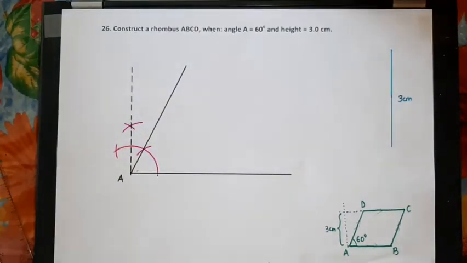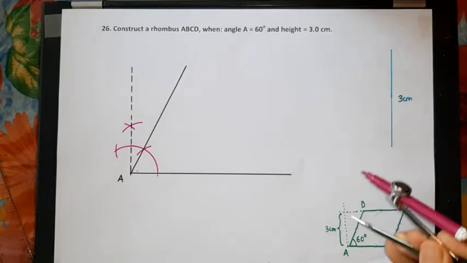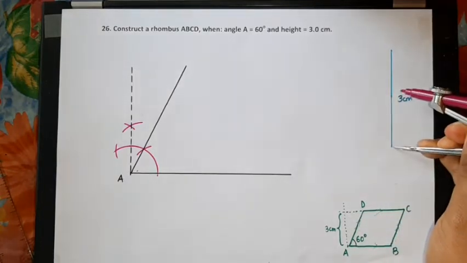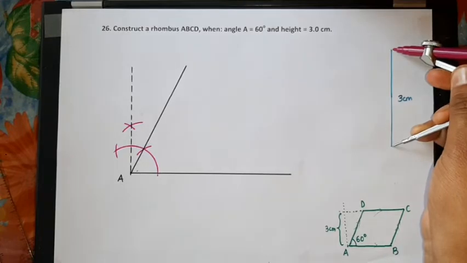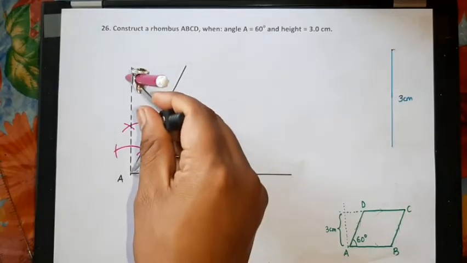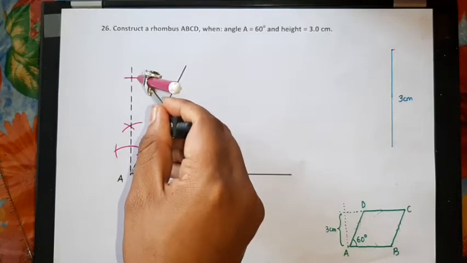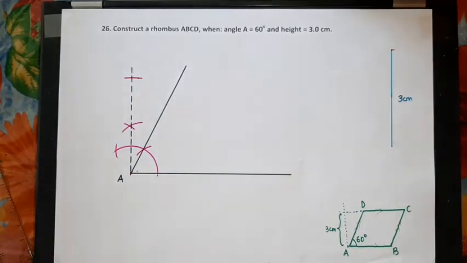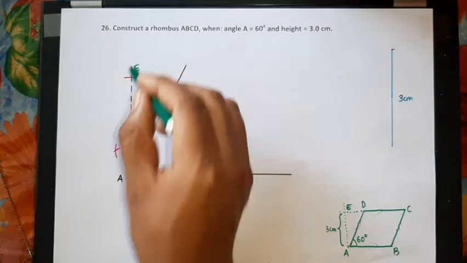So 90 degrees is ready with me, and this height has to be 3 centimeters. So let me take 3 centimeter. This entire thing I am taking to be 3 centimeter. Let me cut it. Is that clear? And wherever it has cut, let me write this point as E. So this is my point E.